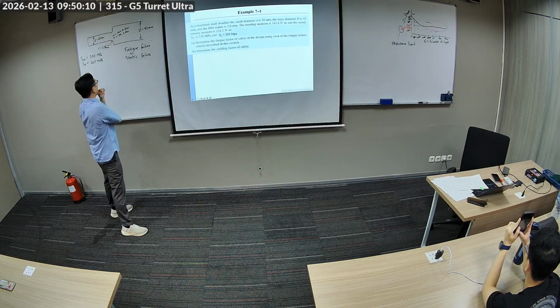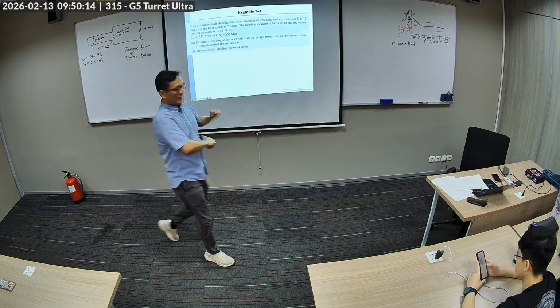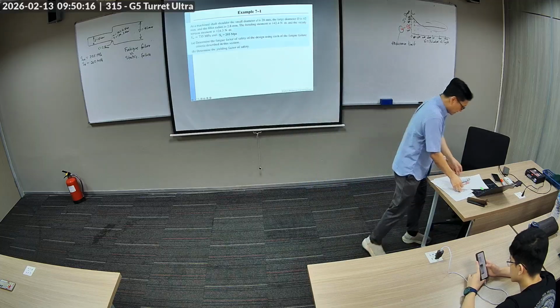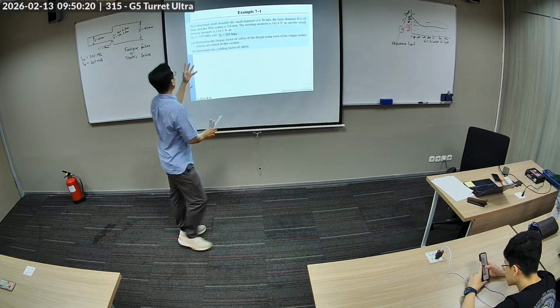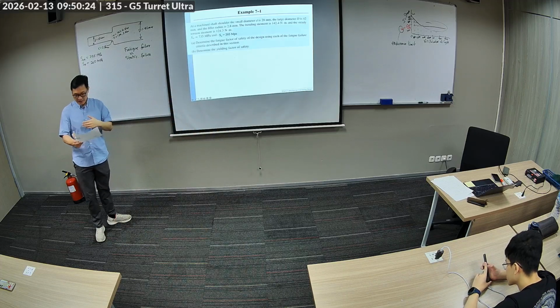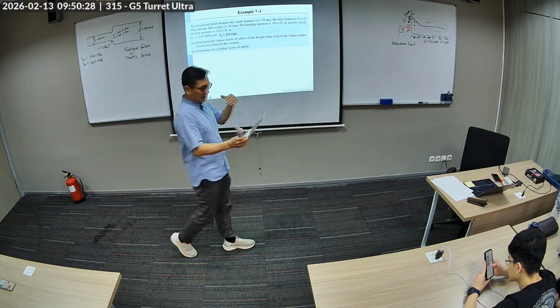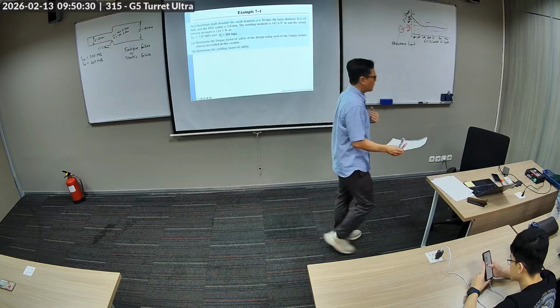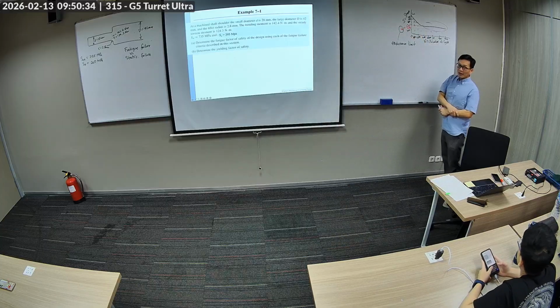Now, we still need to analyze the shaft. And the question asks us, with this design, what is the factor of safety so that I don't fail, right? How close am I to failure? Because 205 is the magic number.